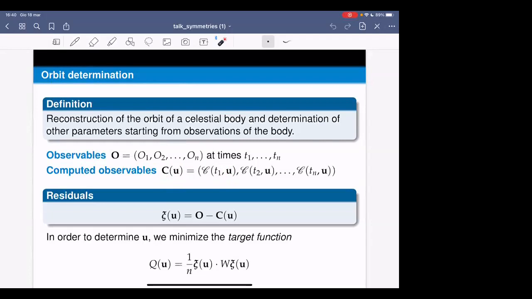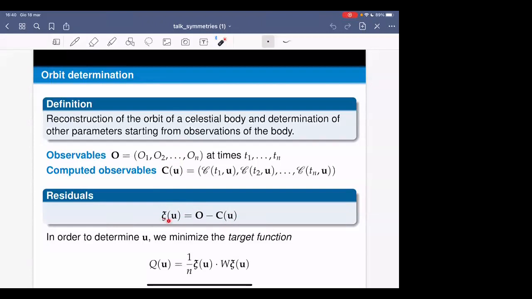The protagonist of orbit determination is the residual vector, which is simply the difference between the two vectors, observables and computed observables. The solution of orbit determination, intuitively, is the vector u which realizes the minimum of the residuals. Ideally, we would like to have zero residuals, but this is not possible because life is real, and we always have an error associated with the observations.